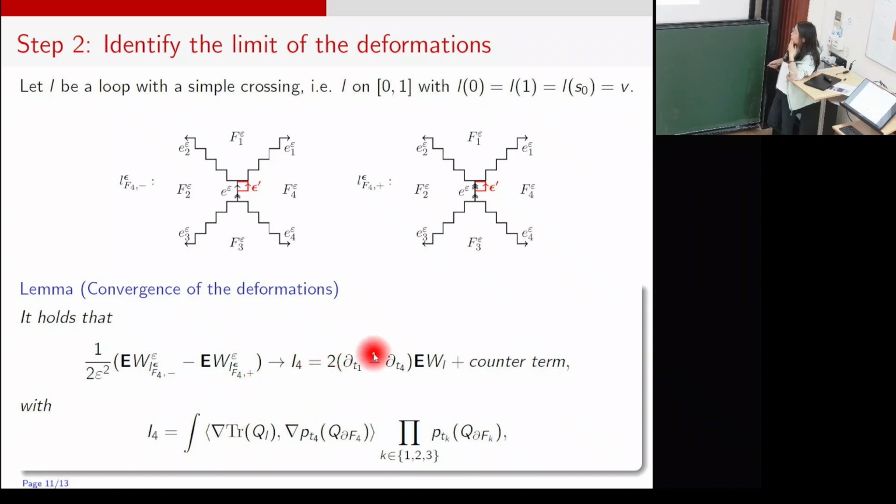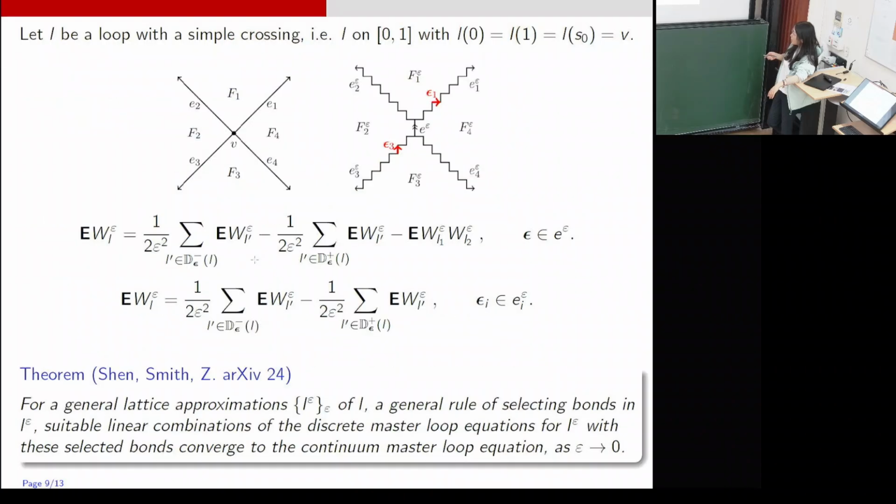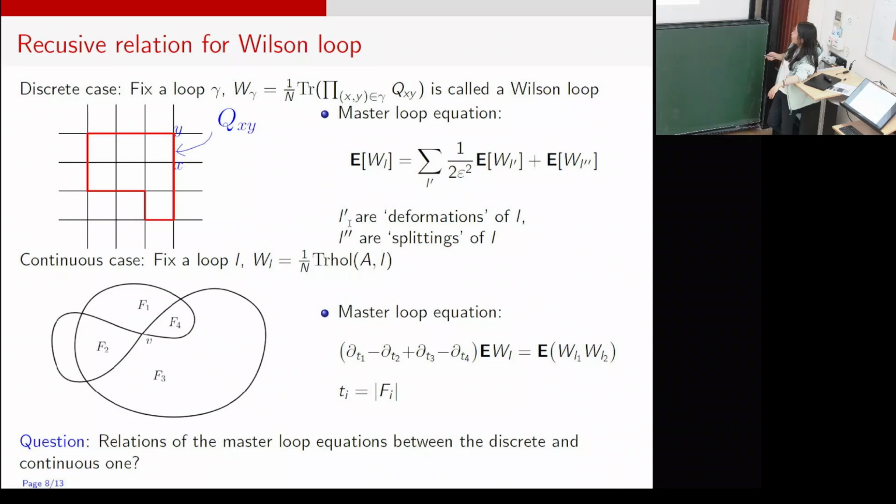And this Laplacian, by using this heat kernel, will give us this area derivatives, and also gives us some counter terms. And in fact, we need to choose these linear combinations suitably to cancel all these counter terms. And finally, this will give us the correct master loop equations written this way here.